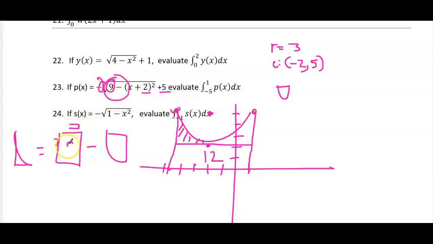So the square is 9, and the quarter circle would be pi r squared over 4, which is 9 pi over 4. So we have 9 minus 9 pi over 4 for each of these ramps here. And we have 2 of them. So each one is 9 minus 9 pi over 4.